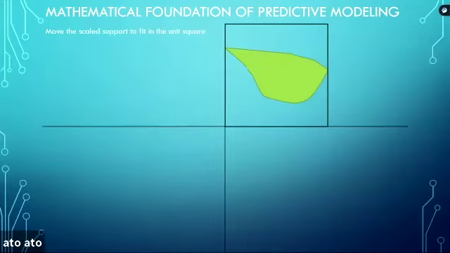And so now the support lies in the unit square. But remember what the support means: outside of that green area, the function's 0. Okay, well, fine. Then we can just imagine that we're looking at an arbitrary function on the unit square, and outside of it, it's 0.